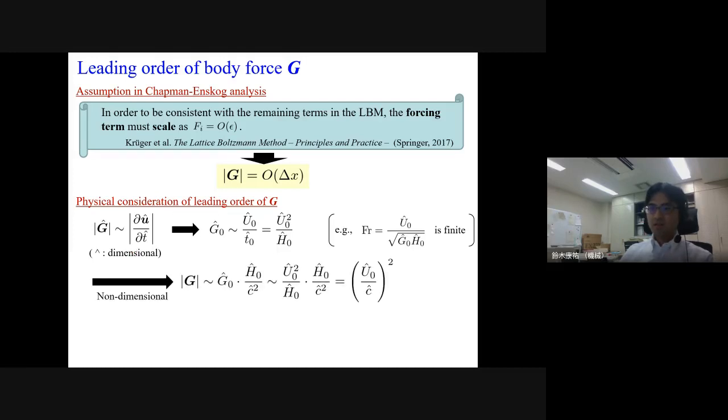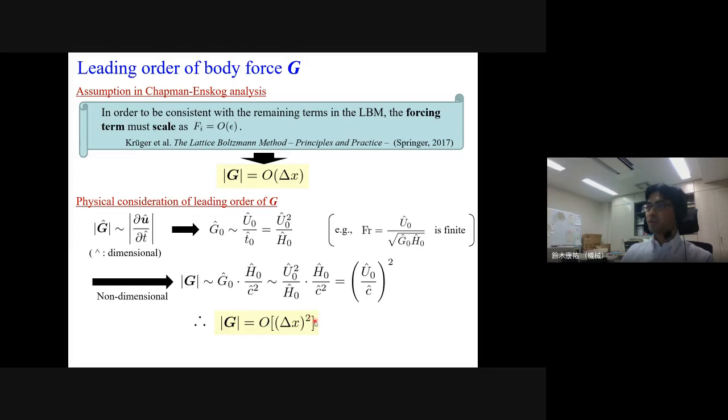In the non-dimensional form, the body force should be comparable to the square of the ratio of the flow velocity to the particle velocity. Because the value in the parenthesis is comparable to the Mach number, the leading order of the body force should be delta x squared.